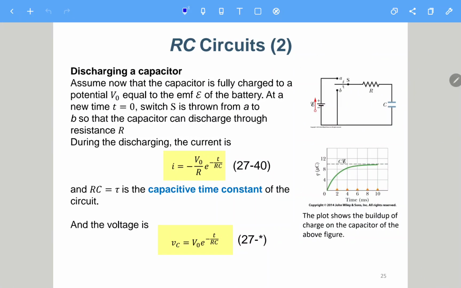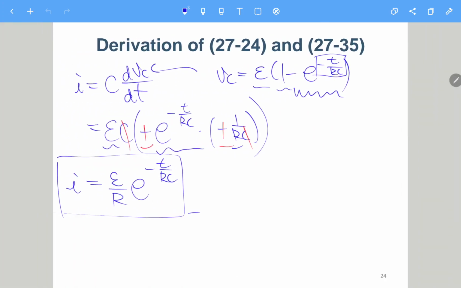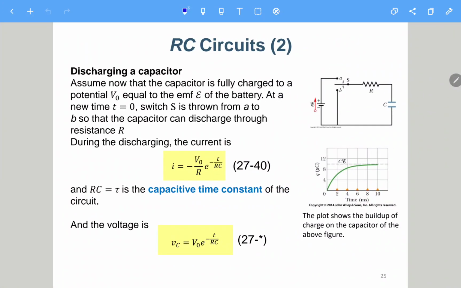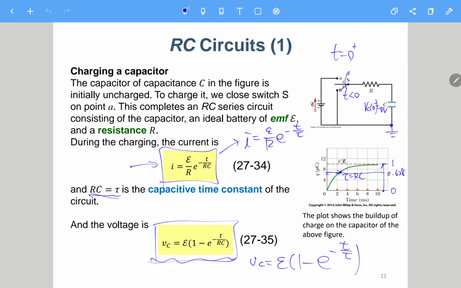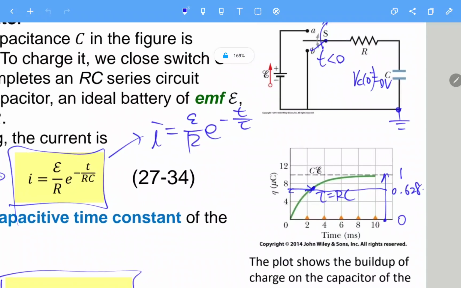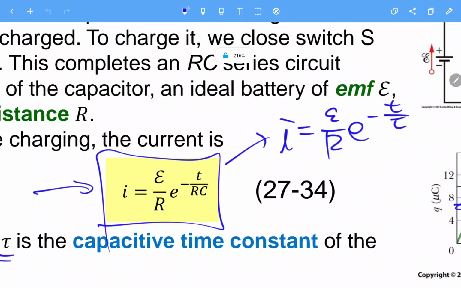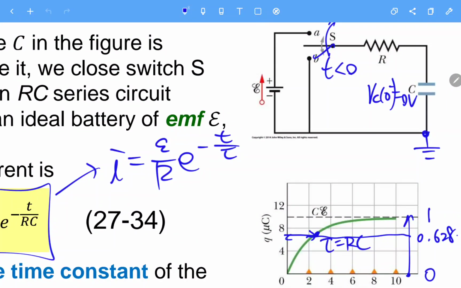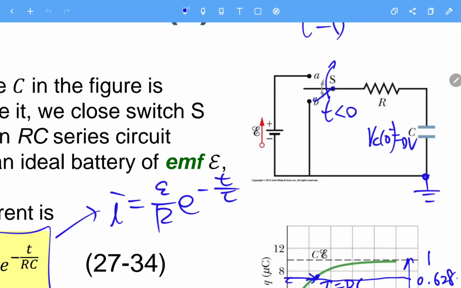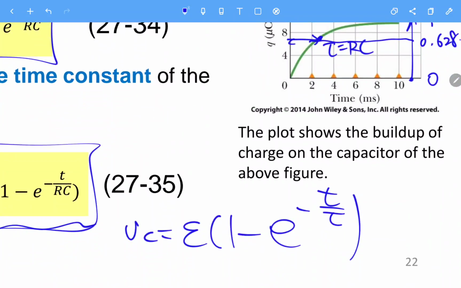Okay, so next part is, after this situation, when you just ignore this complicated equation, finally this voltage will go up to E. This is E. Finally it will go to E.